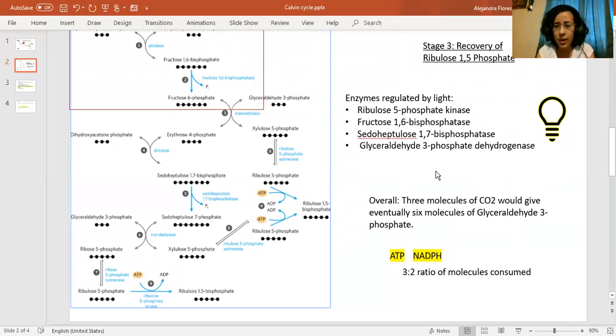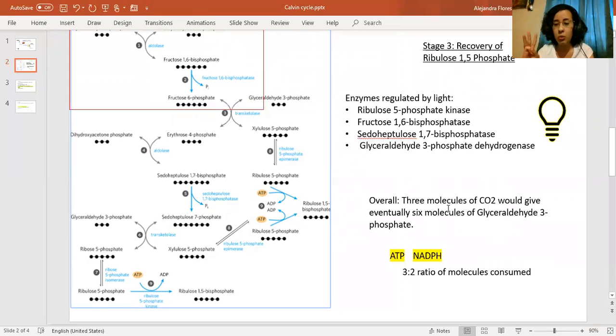And this is important because this is gonna avoid competition with glycolysis, because glycolysis is what is gonna give energy in the dark.